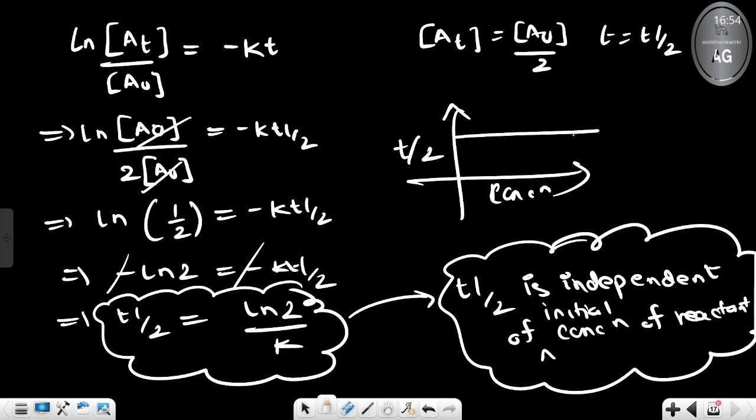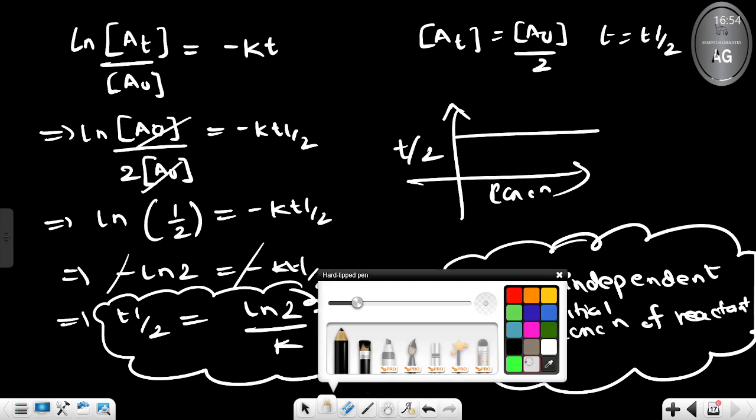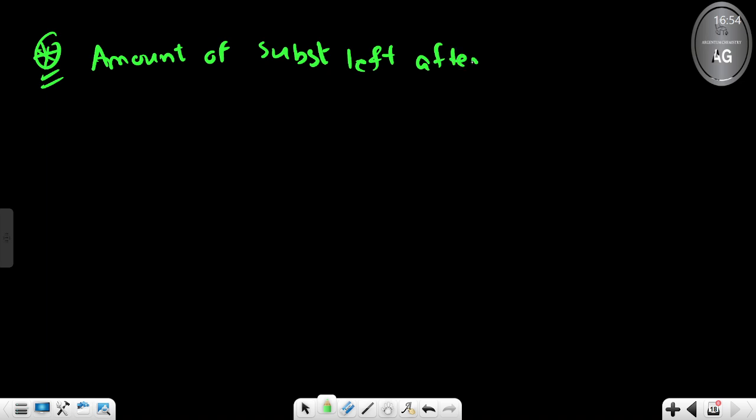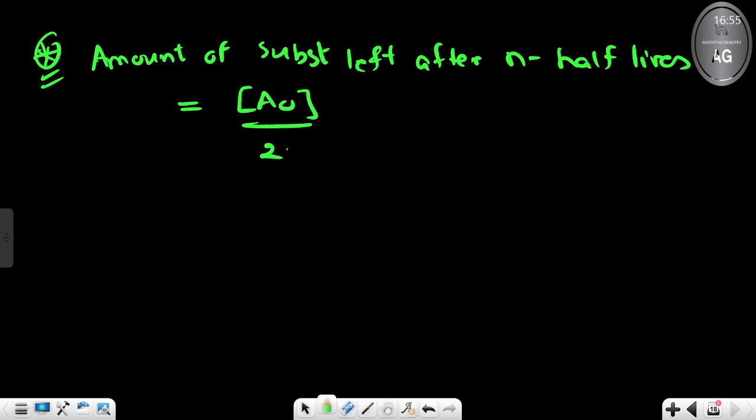One more important thing I have to tell you, then this part will be done. Very, very important, only for first order reaction: amount of substance. This can be asked in your MCQ. Amount of substance left after n half-lives equals initial concentration upon 2 to the power n.